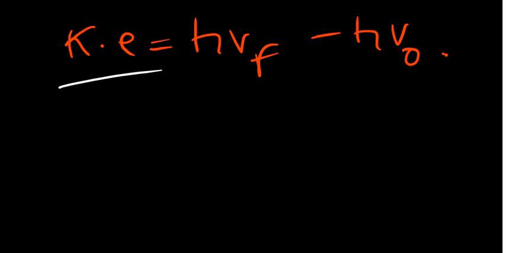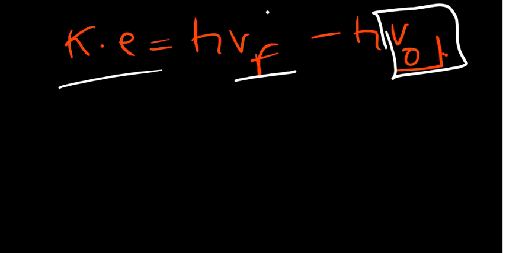In this case, if you are working with this formula, the V naught there is the threshold frequency, right? So you now have a new frequency that you've increased to. You subtract, the final frequency multiplied by Planck's constant minus the threshold part.